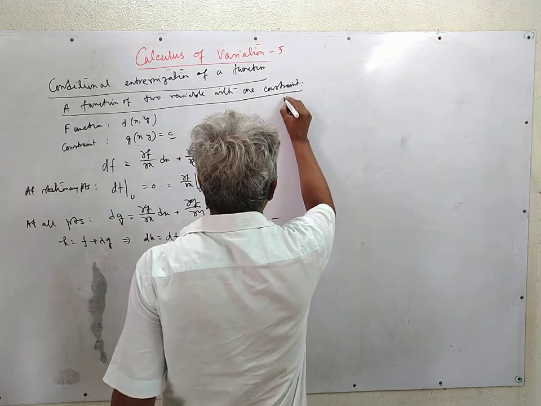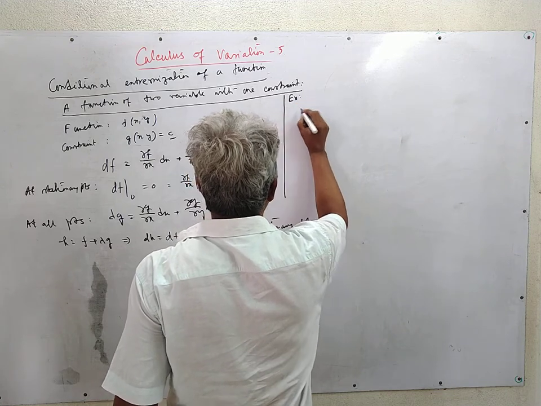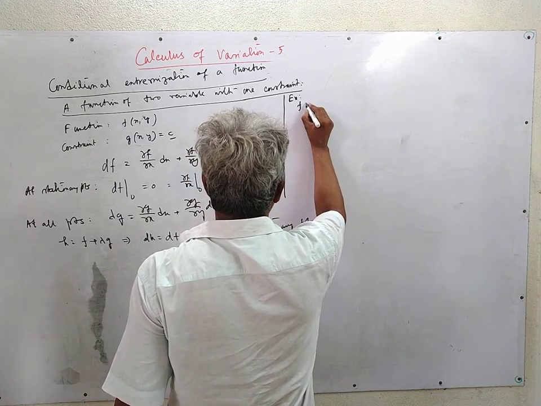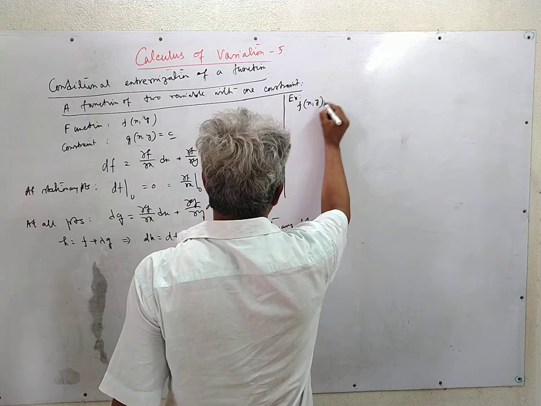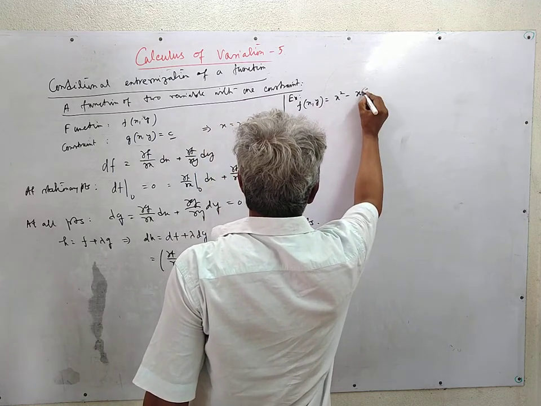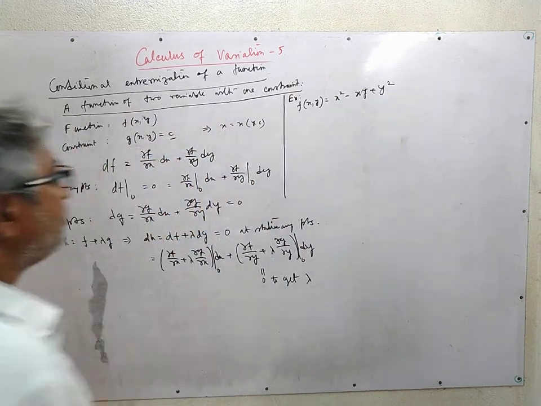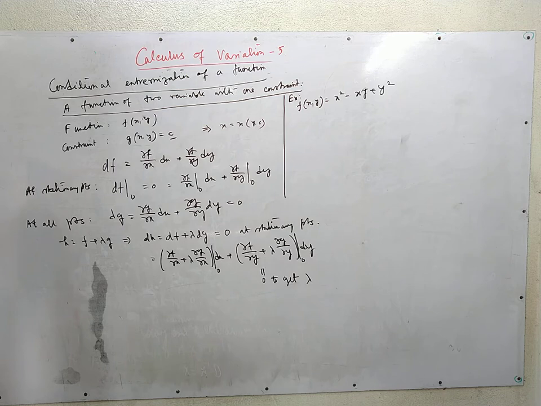Say the temperature distribution in the xy plane is given by f = x² − xy + y². This gives us the temperature at any point in the xy plane.